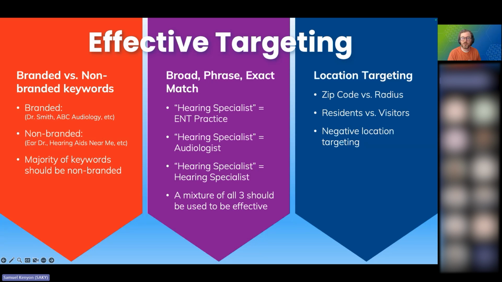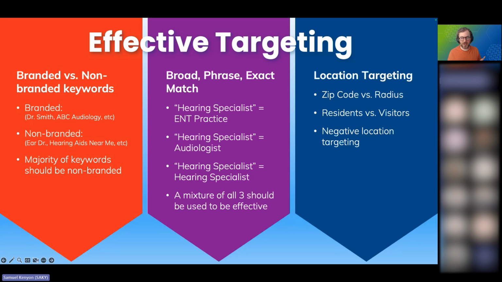Are we just targeting residents of these locations, or do we want residents and visitors? I would say almost all of the time you want to target residents and visitors. Think of the person who goes to their office, they go to work every day. They're outside your target area, but they drive to a business that's down the road from you and they work there.